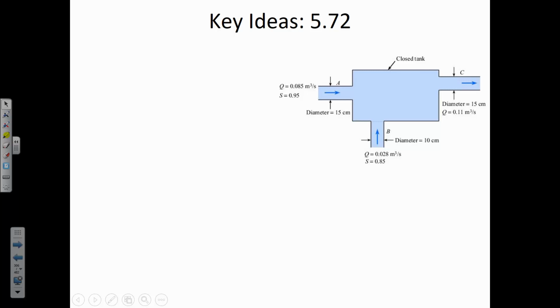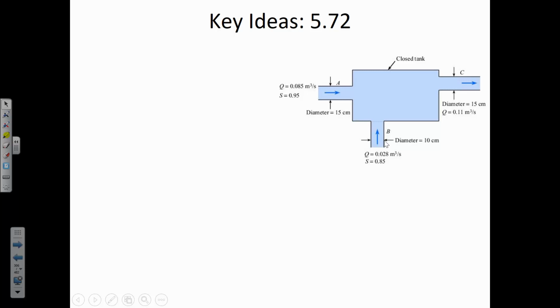And so if you look at the flows in, it's flowing in at A and B, and it's going out at C. So what makes this a little bit different is that it's a mixture of fluids. What's coming in at A is different than what's coming in at B.